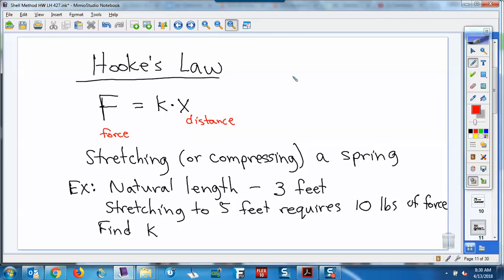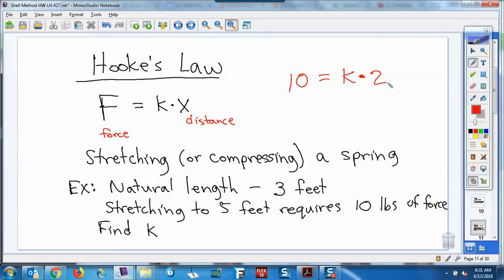So we would simply say, okay, 10 pounds of force would go in for F, and what would go in for X? 2, right? So you've got a natural length of 3. We stretch it out to 5. So you've got to read it carefully. It says stretching it to 5 feet.